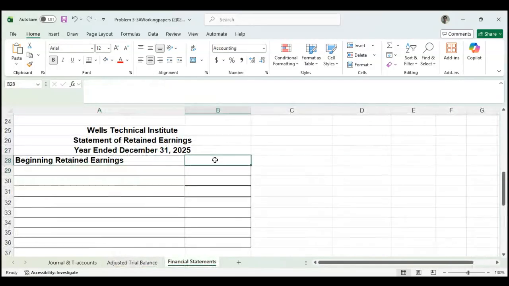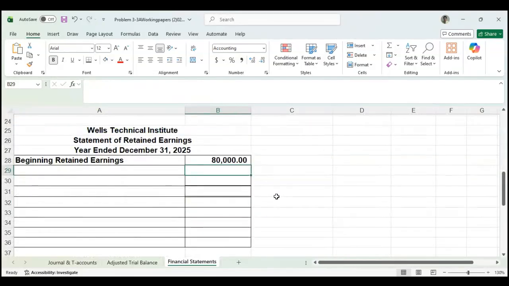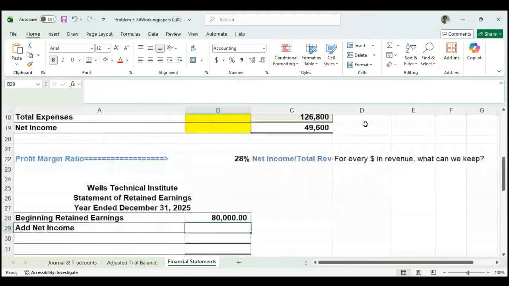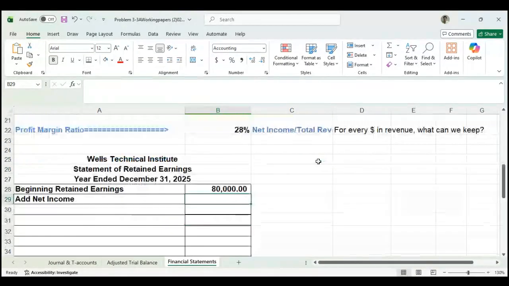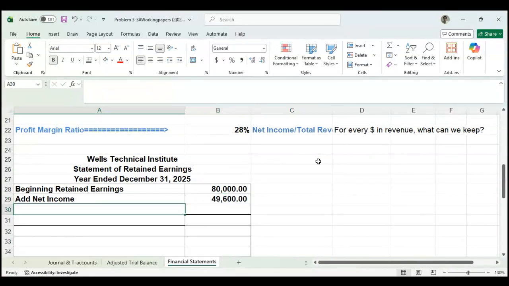Then we're going to add the net income. Remember, net income will increase retained earnings, right? So we add net income, and that's going to be 49,600. We're getting that right from the income statement. And then we're going to subtract dividends.